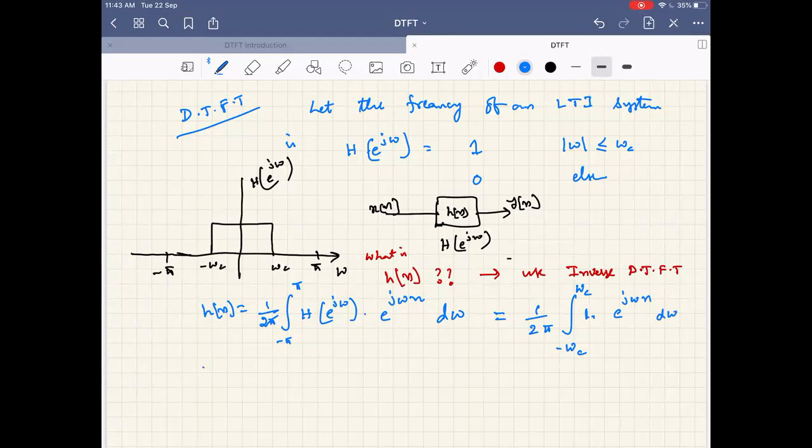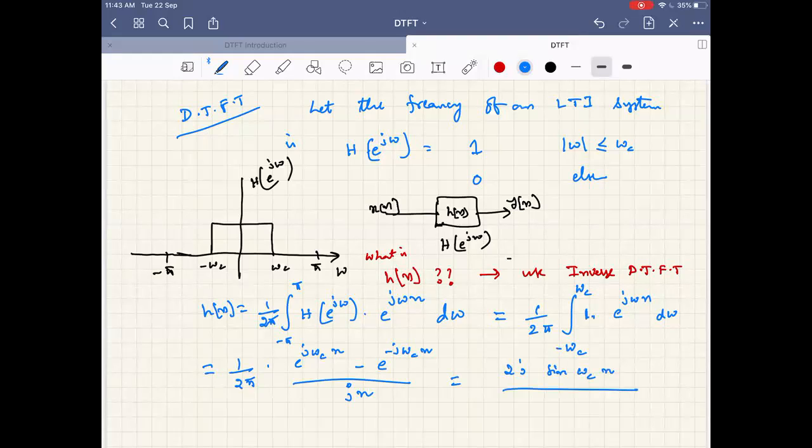When I expand this, it is simply 1 by 2 pi into e power j omega c n minus e power minus j omega c n, divided by j n. Correct? Because when I do the integration, j n will come in the denominator. So this is equal to 2j sine omega c n in the numerator by 2 pi n into j.